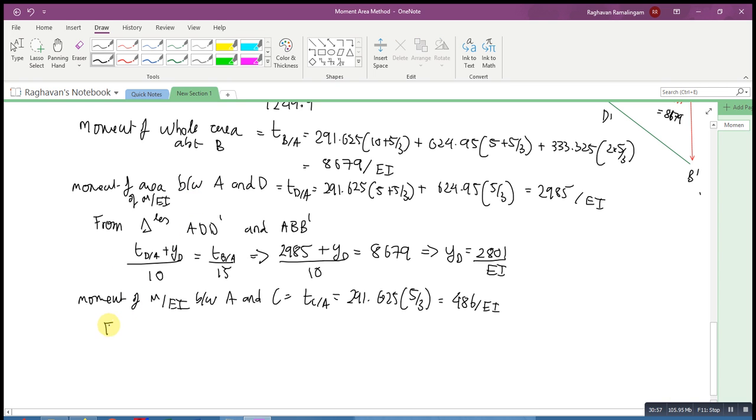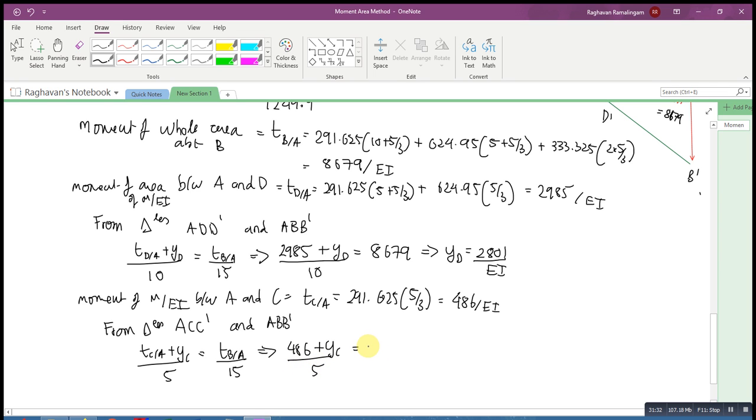And now again from triangles ACC dash and ABB dash, TCA plus YC by the distance to C, which is 5, equals TBA by 15, giving me 486 plus YC by 5 equals 8679 by 15, giving me YC equals 2407 by EI.